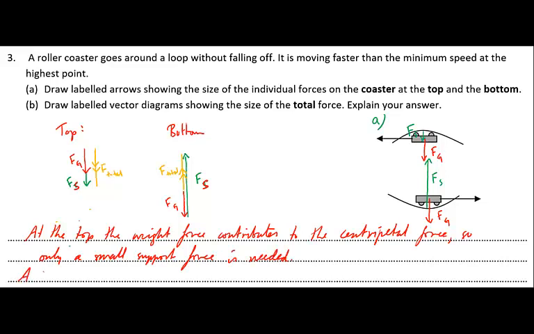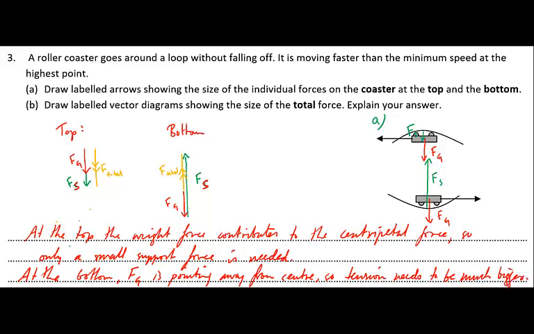At the bottom, Fg is pointing away from center, so tension needs to be much bigger.